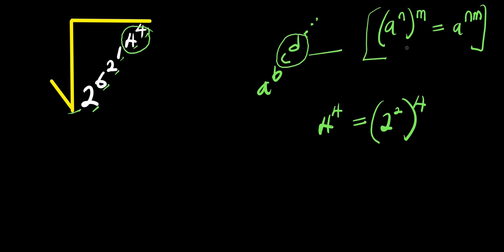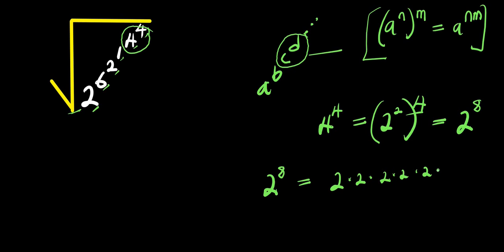So we apply the same identity here. That means we are going to have 2 to the power of 2 times 4. That is 8. And from here we have 2 to the power of 8 equals 2 times 2 times 2 times 2 times 2 times 2 times 2, that is 1, 2, 3, 4, 5, 6, 7 times 2.